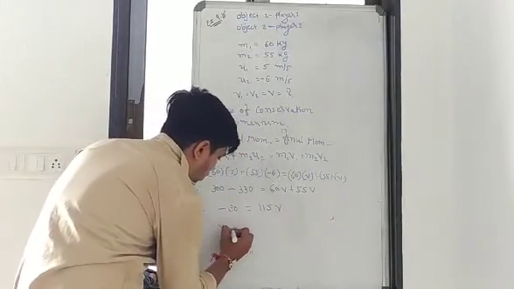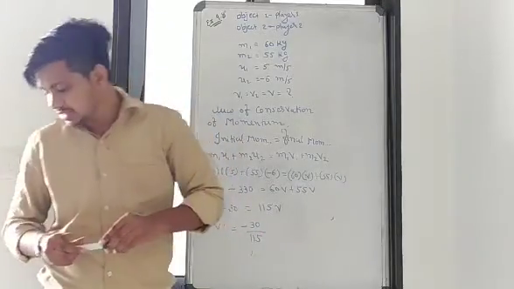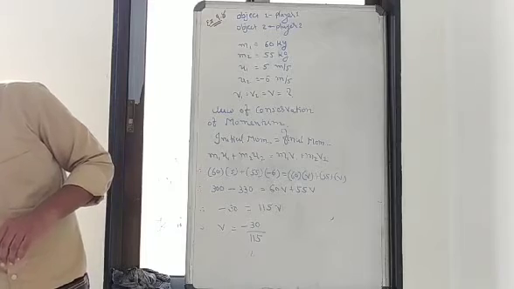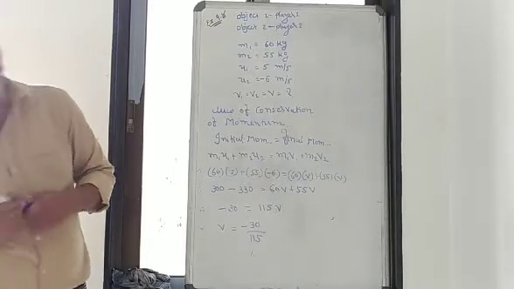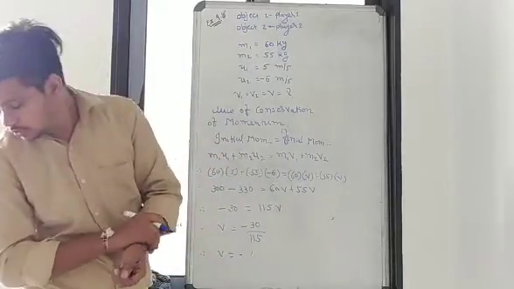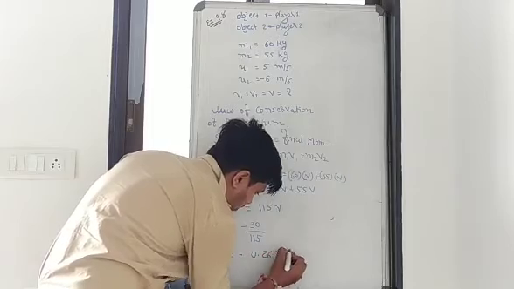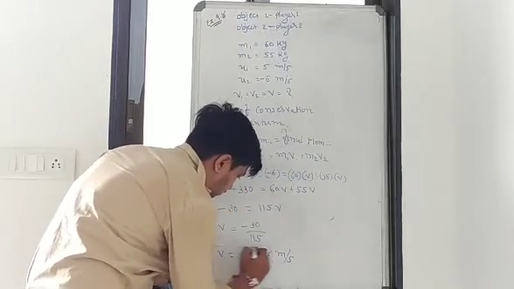So v is equal to minus 30 by 115. So what is the answer? The answer is v is equal to minus 0.26 meter per second. You have to do the division.